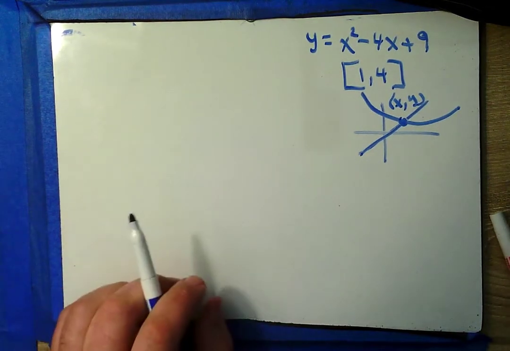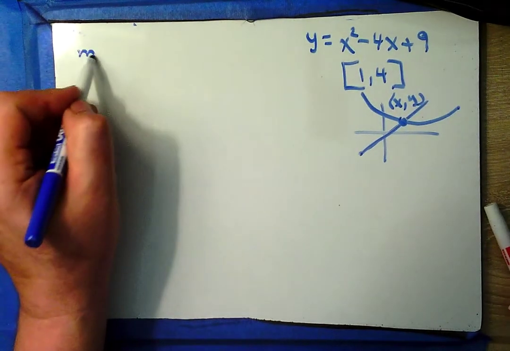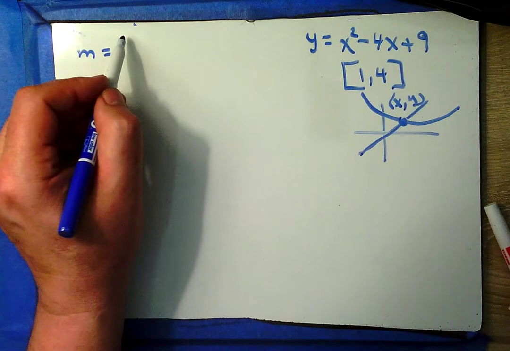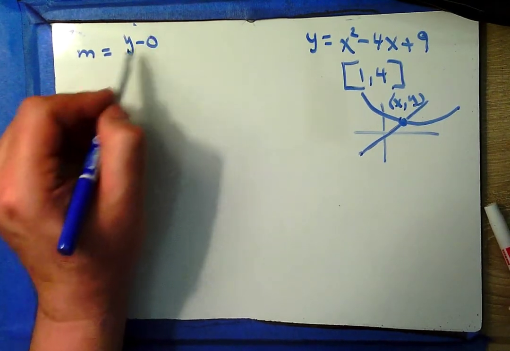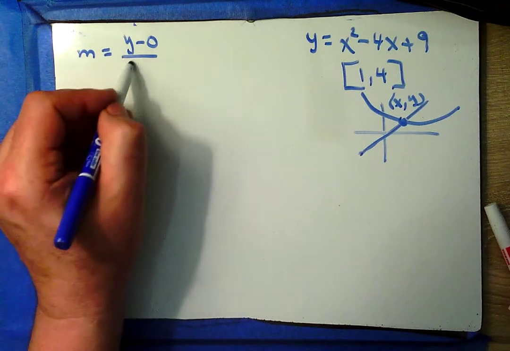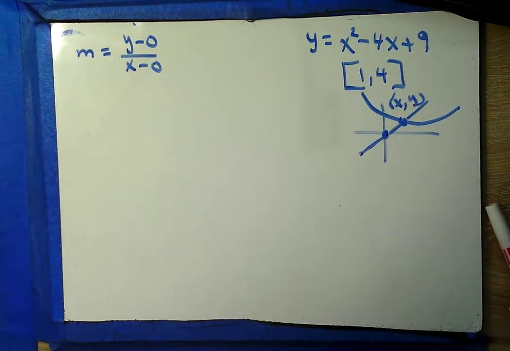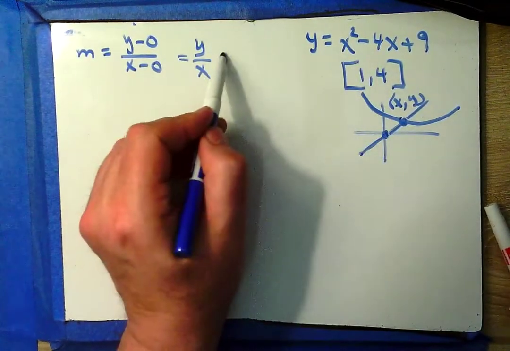Minimum slope. Well, I sort of feel like this one, I need to minimize the slope formula. And what is the slope formula? Well, the slope formula is y minus 0 over x minus 0, because we have to pass through 0, 0, or y over x. Hey, and look what y is.